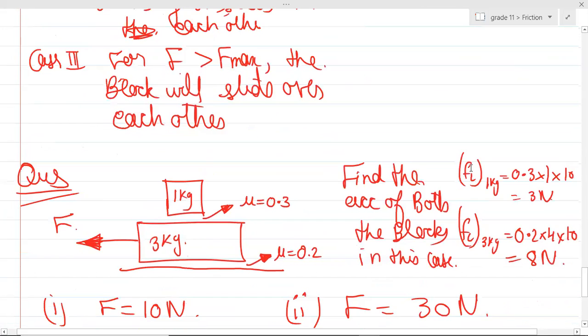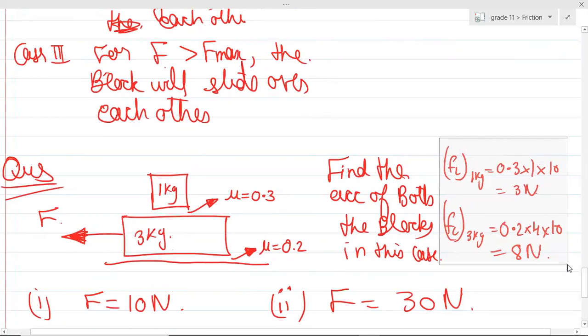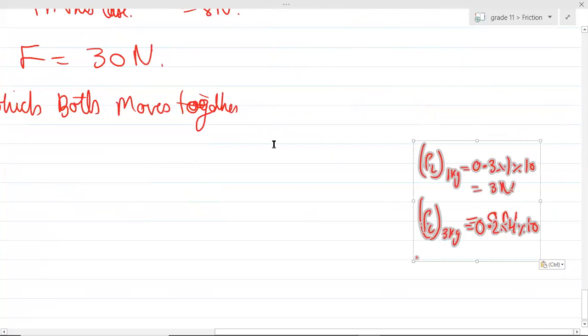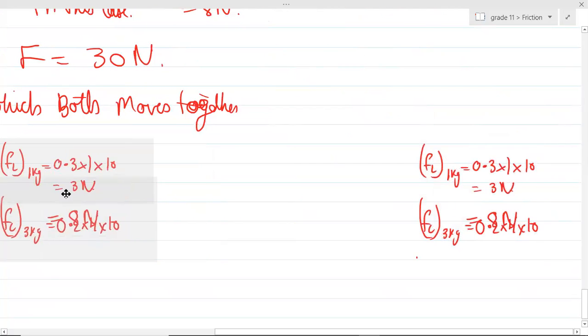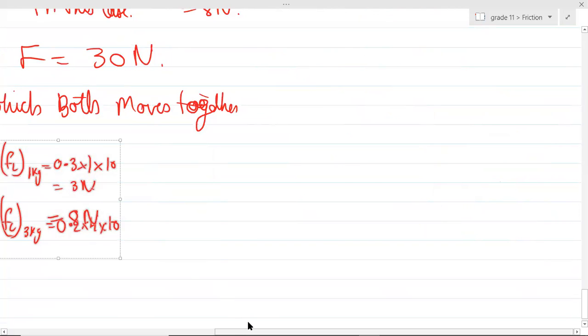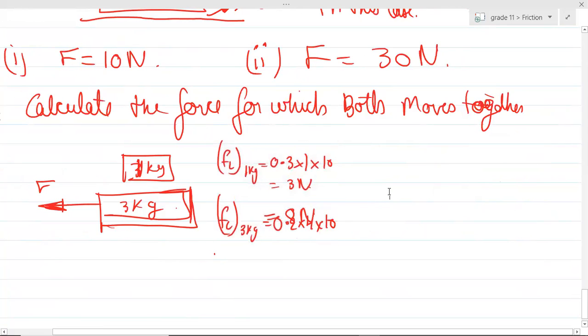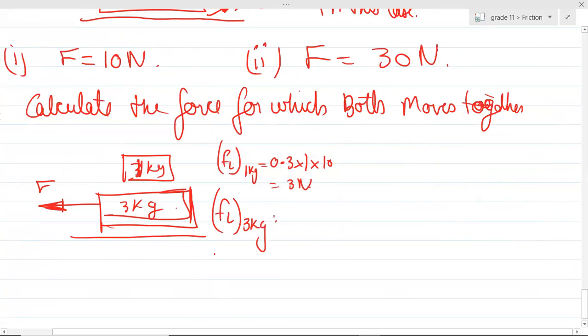Will you be able to find the limiting friction for both the surfaces? Shall I teach you again? This 3 kg: limiting friction is going to be 3 kg into 0.3 into 9.8.